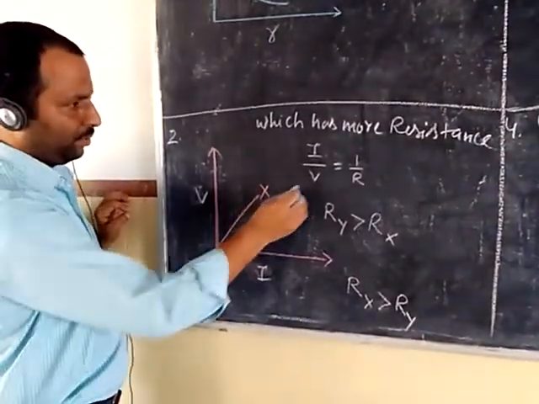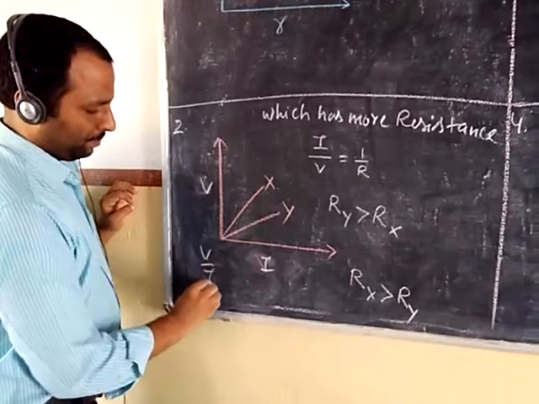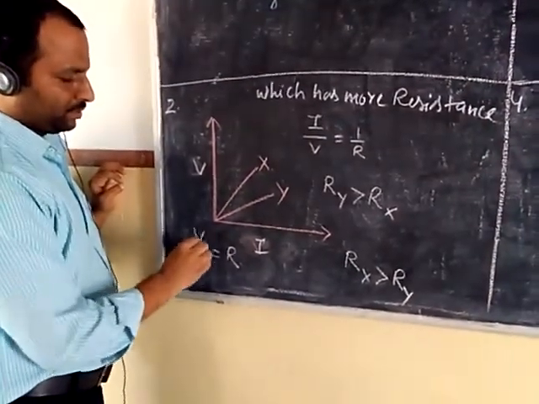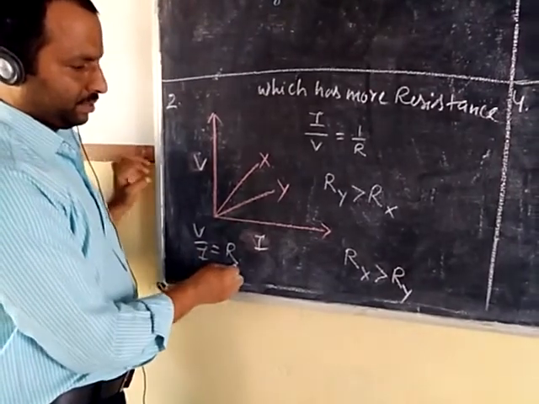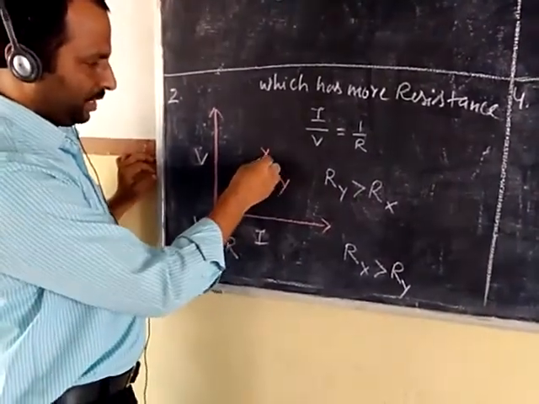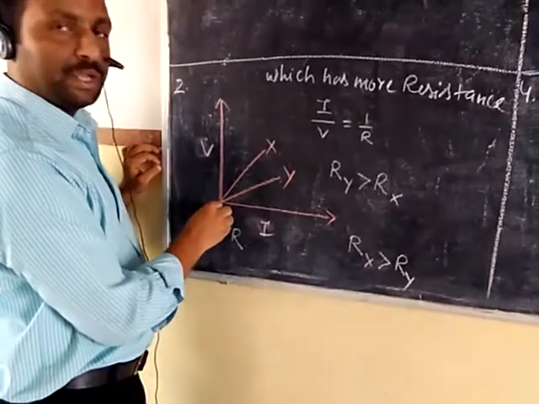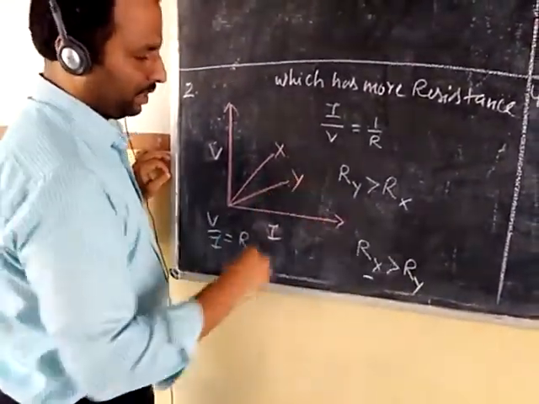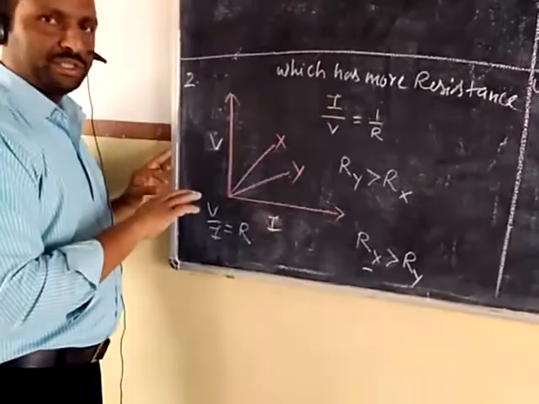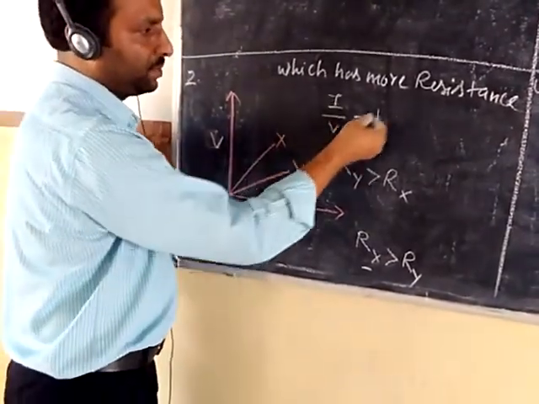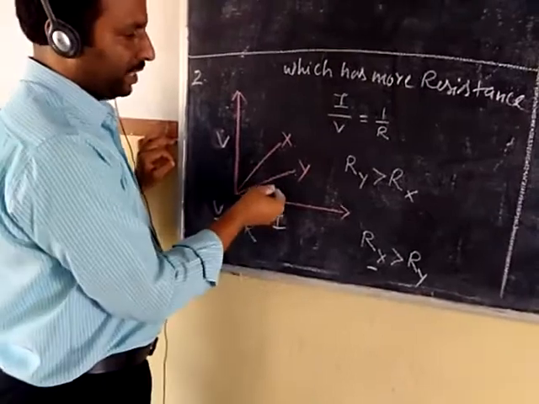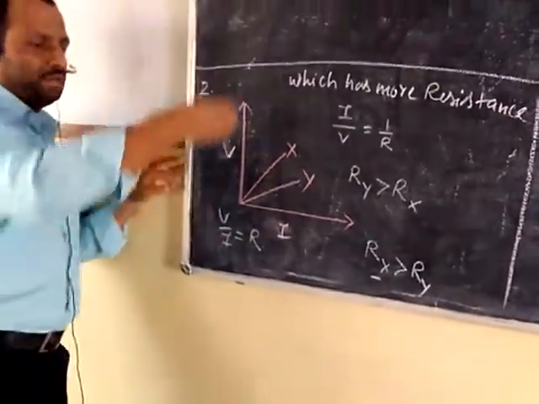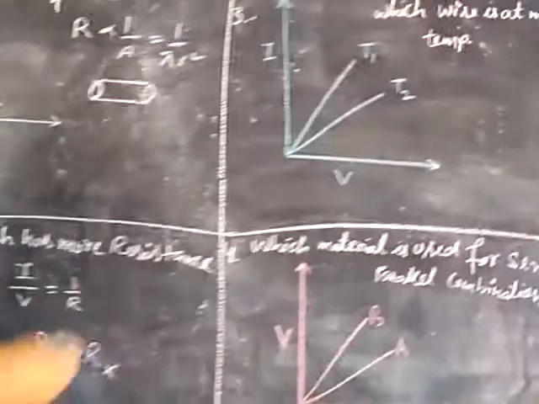See here, V upon I is equal to R. So the slope of the V versus I graph represents the resistance. As the slope of X is more than the slope of Y, it represents more resistance as compared to Y. But if the graph is interchanged, then I upon V represents 1 upon R, and the one which has lesser slope will have more resistance.